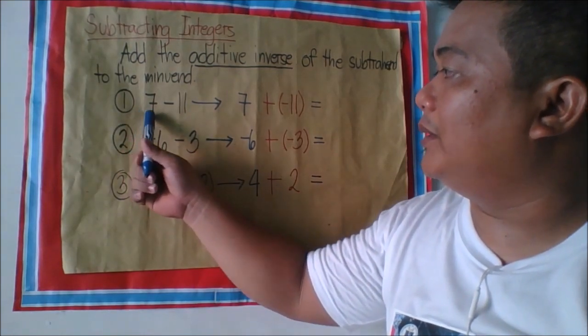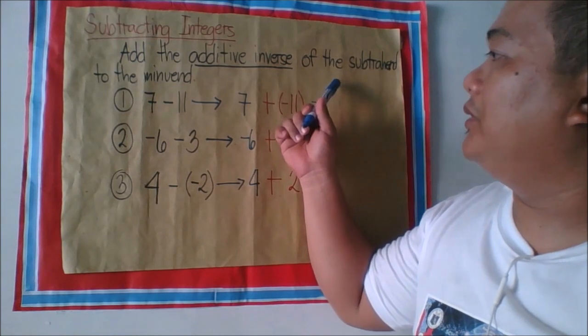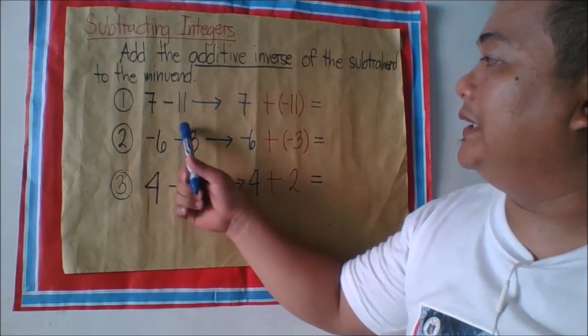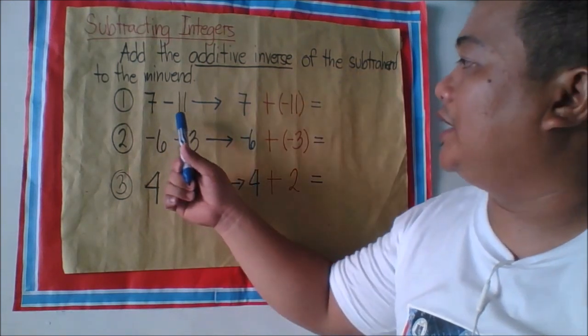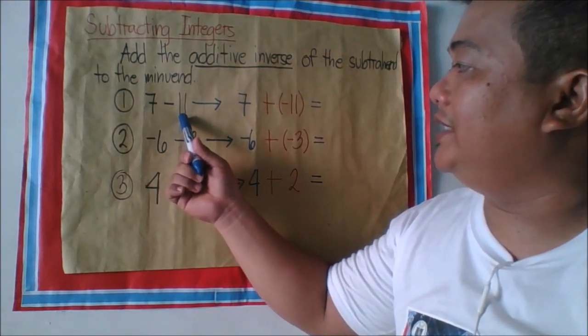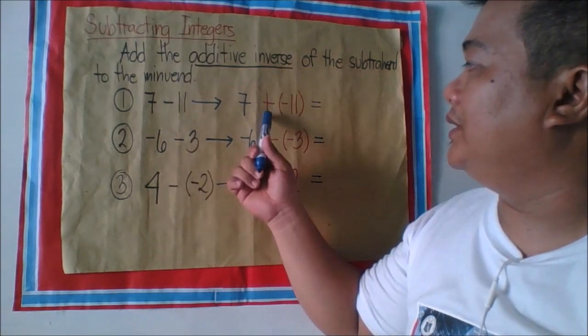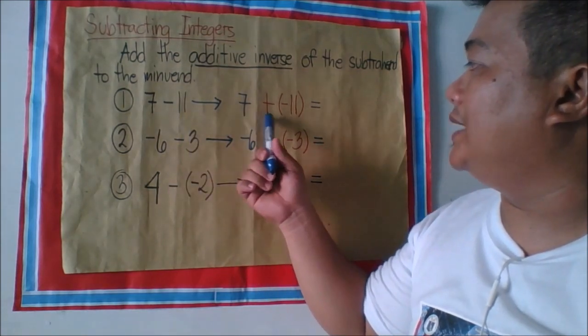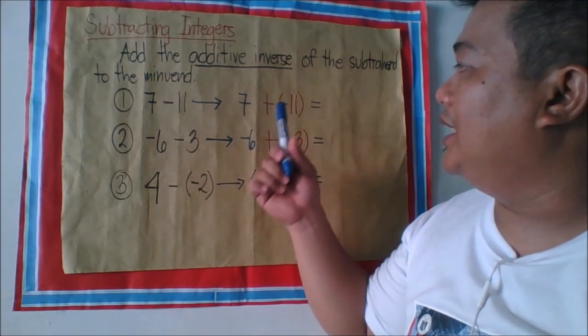So here, example: 7 minus 11. You're going to add the additive inverse of the subtrahend. Where is the subtrahend? Our subtrahend here is positive 11. So you're going to add 7 plus the opposite of positive 11, which is negative 11.